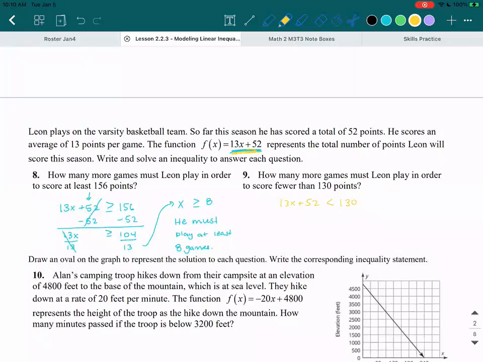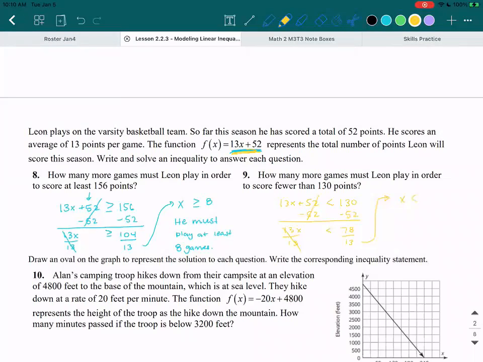Okay, so solving for x is the same process. First, you subtract 52 from both sides. Those cancel out, you get 13x is less than, what is 130 minus 52? 78. And then you divide by 13. So the same process of solving. Then I'm going to write my answer up here because it's where I have space.